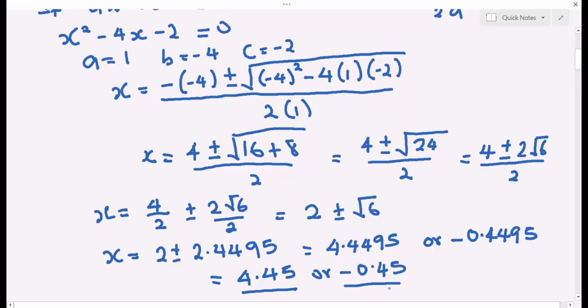You can see that this formula could solve any quadratic equation.